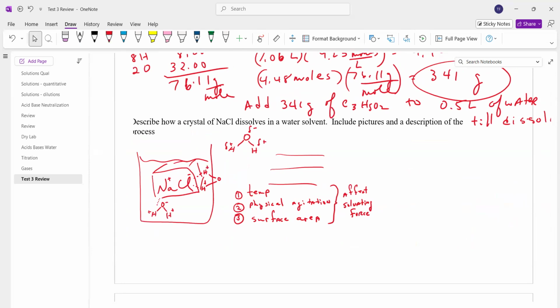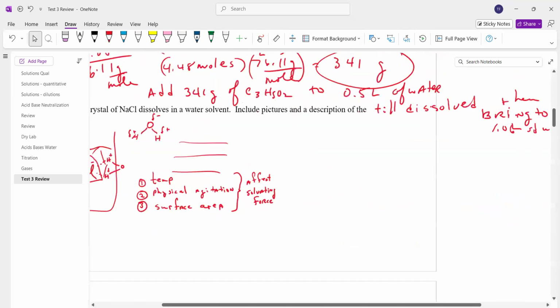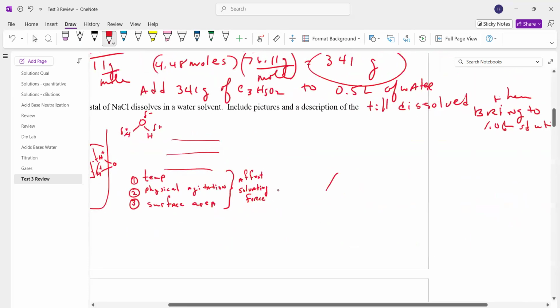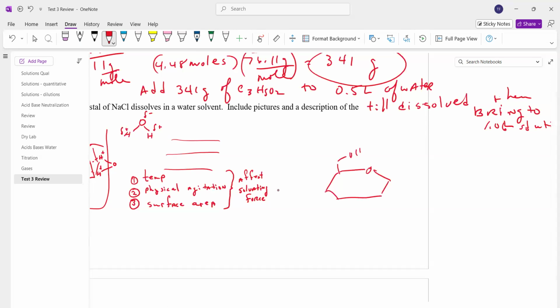Now, it could be sodium chloride, it could be sugar. This is what sugar looks like. That's glucose.